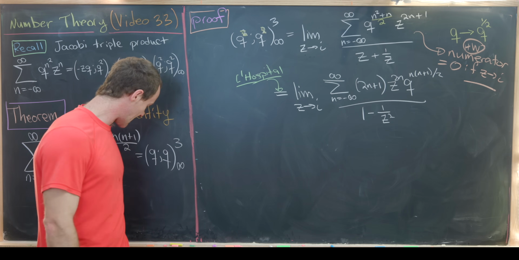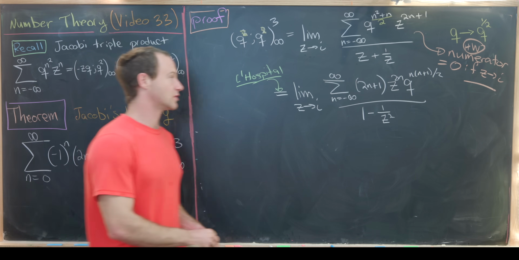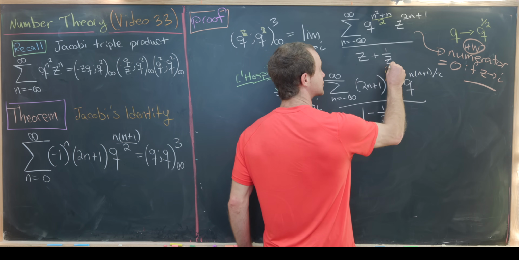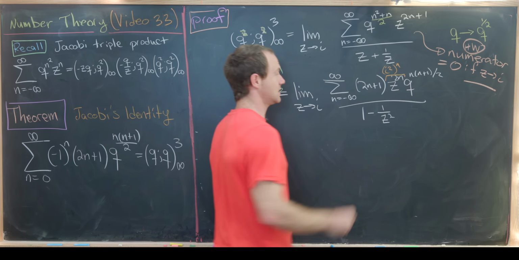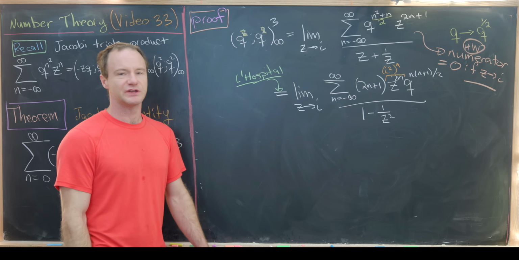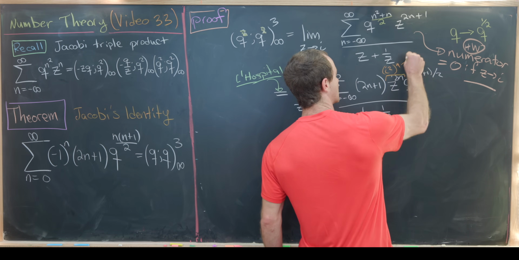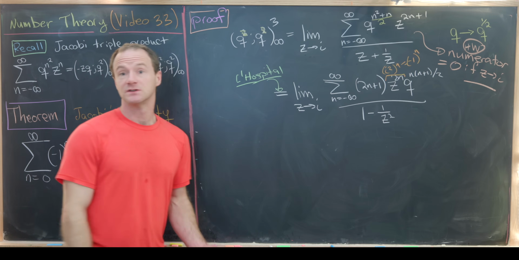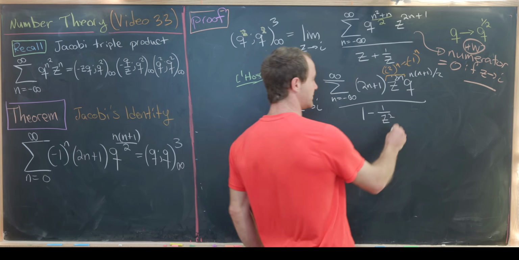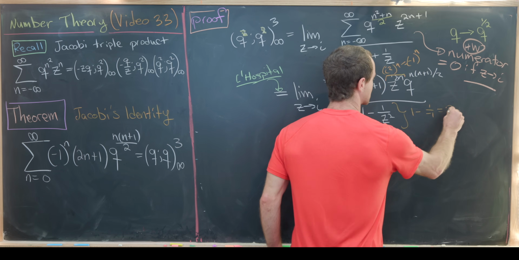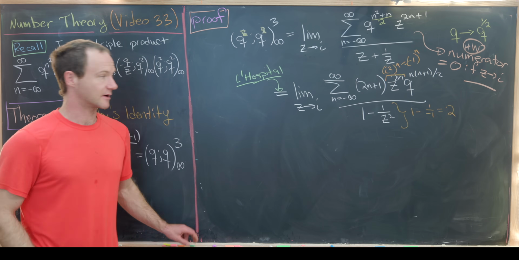Now let's see what happens as z approaches i. So this will leave us with i squared to the n, really i to the 2n, but using exponent rules, that's what that simplifies to. But that's minus 1 to the n. So that's good. And then this will be 1 minus 1 over minus 1. In other words, we have a 2 in the denominator.